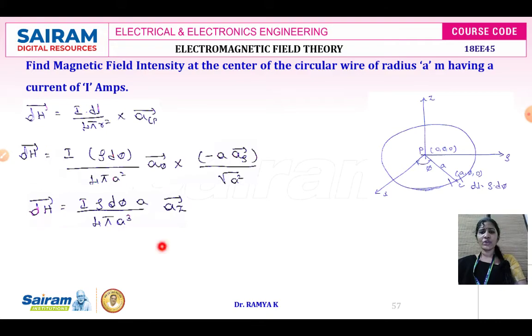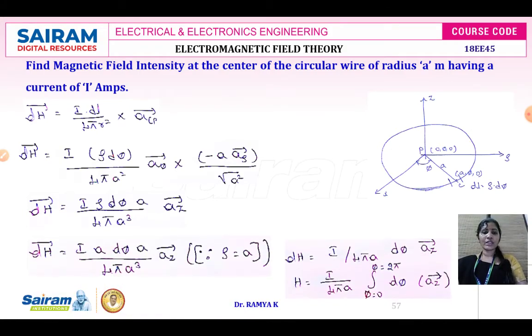After doing so, we get the expression dH is equal to I into rho into d phi divided by 4 pi a cube. Here we need to identify the value of H. Therefore, the right hand side equation has to be integrated with respect to phi, which means the angle varies from 0 to 2 pi.